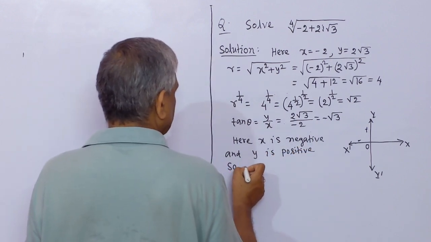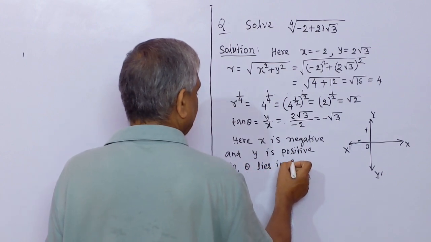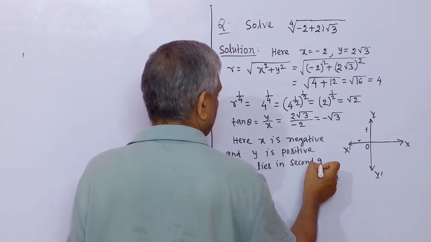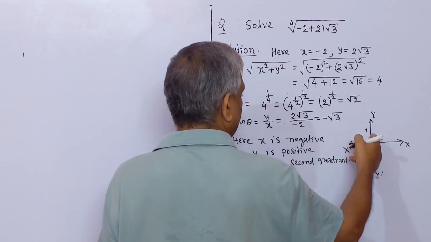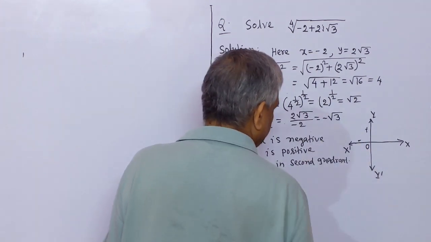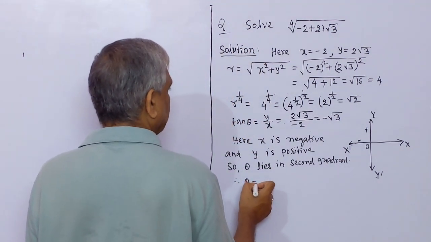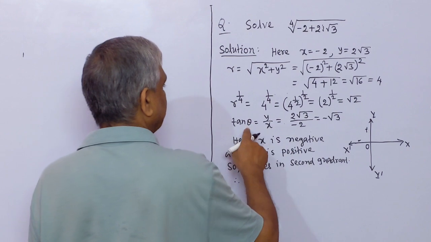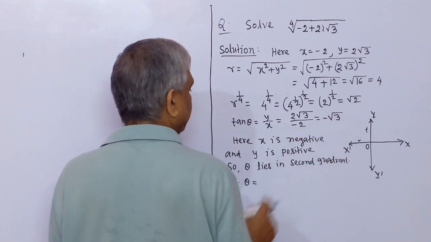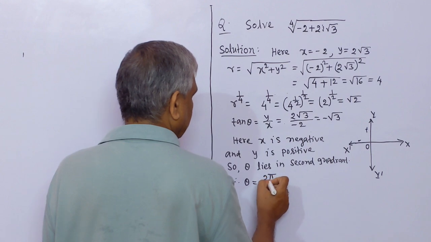So theta lies in the second quadrant. Therefore, tan theta equal to minus square root 3, so theta equal to 2 pi by 3.